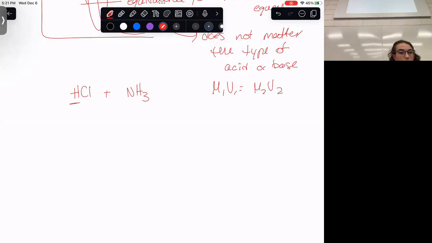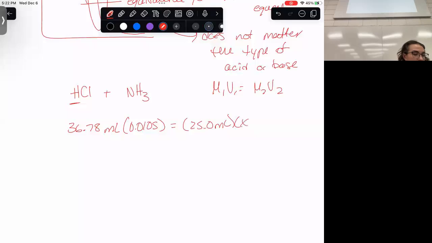So you can just use M1V1 because this will give you your moles, as we did in the beginning. And that'll equal the amount that you need as your X for the molarity of your base. If the moles are equal, you can always use M1V1 equal to M2V2.